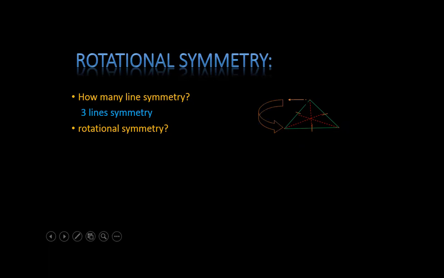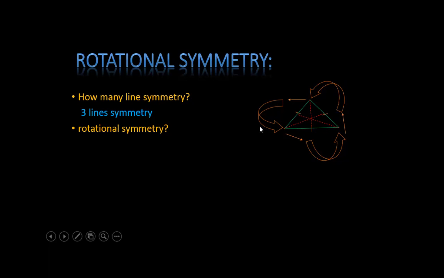You see, this vertex will be here, and this vertex will come here, and this vertex will come here. The same position, and even no change with the line symmetries. You see, if we just turn this position, that means it has 1, 2, 3.